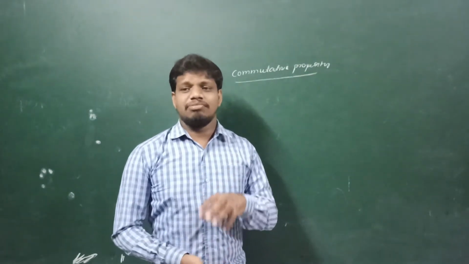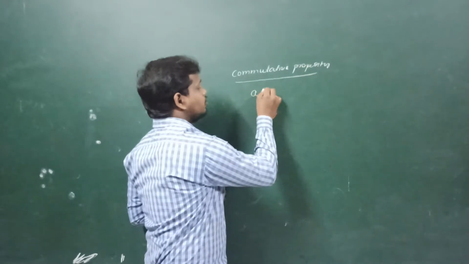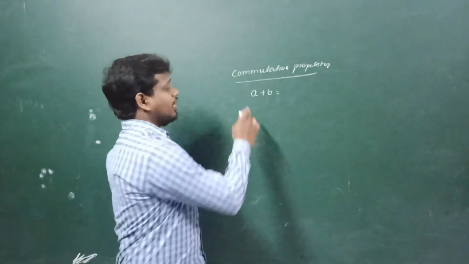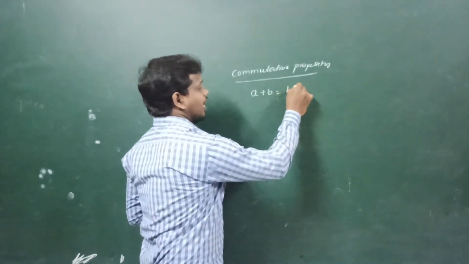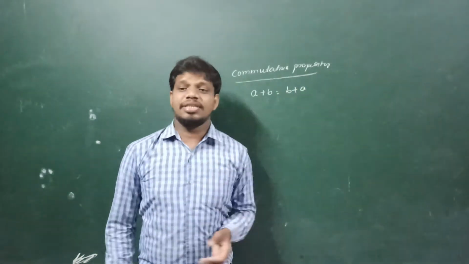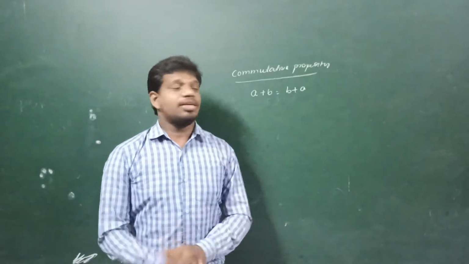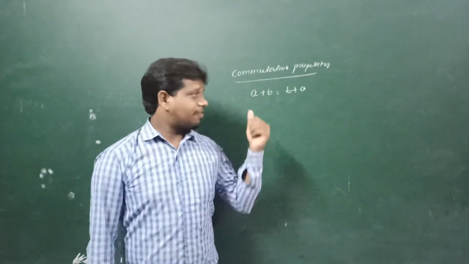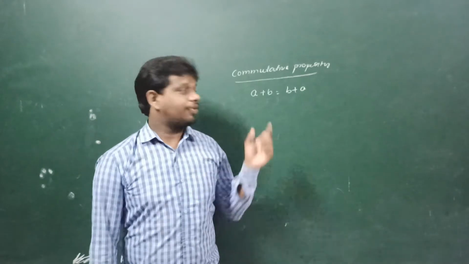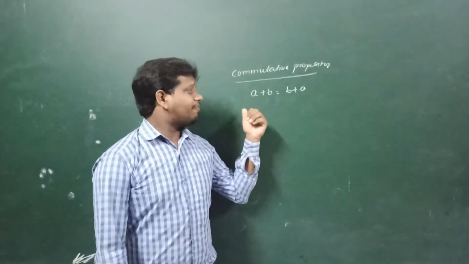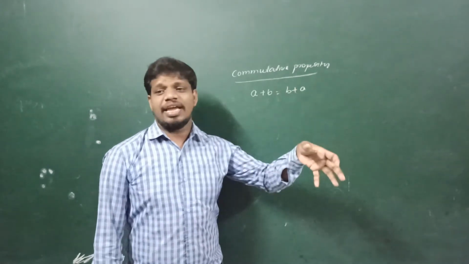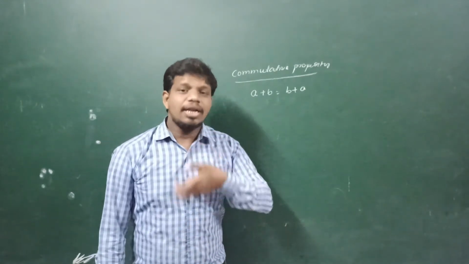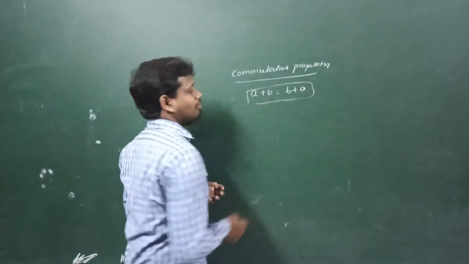Commutative property is nothing but, if a, b are two rational numbers, and if a plus b equals b plus a, then we can say the rational numbers satisfy the commutative property under addition. So simply we take a few examples.